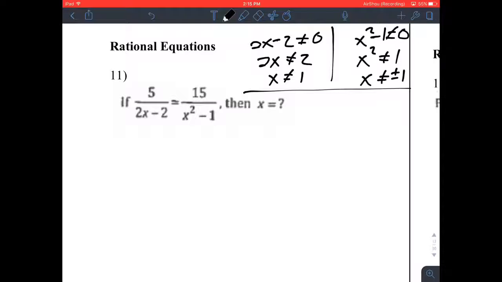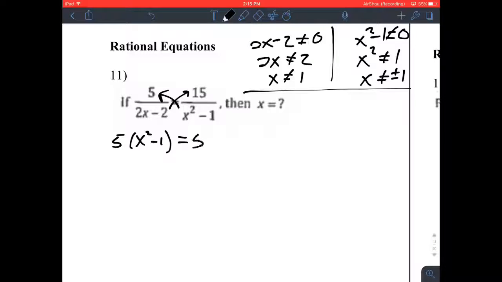So now that we got that out of the way, let's try to solve this equation. One method would be to get rid of your denominators. So if I multiply both sides by x squared minus 1, which the short version of that is to cross multiply, you're going to get 5 times the difference of x squared and 1. I multiply both sides by 2x minus 2, or, pardon me, just multiply the tops by 2x minus 2.